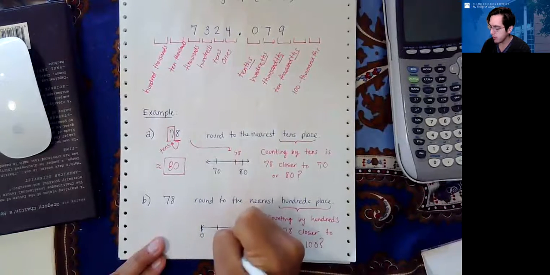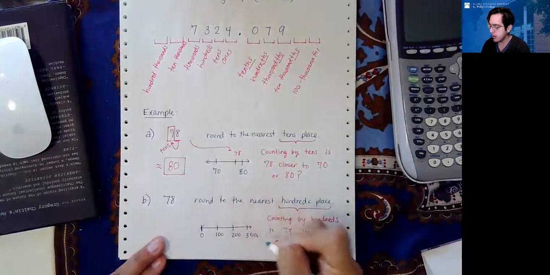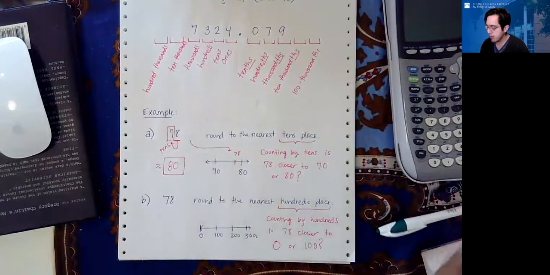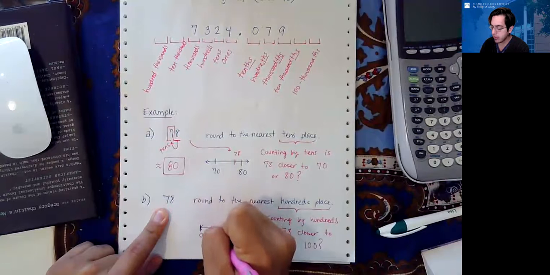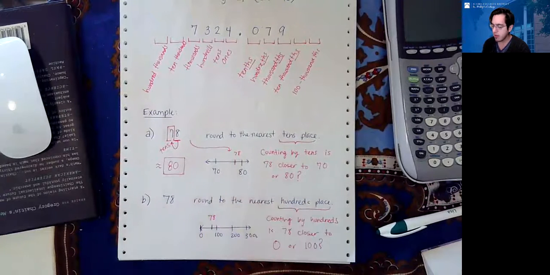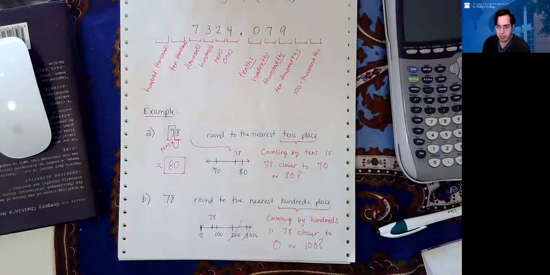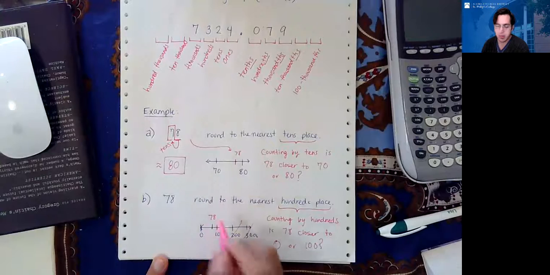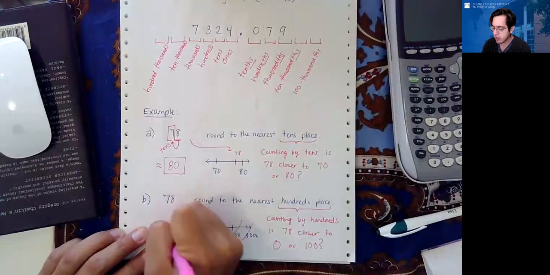You have 100, 200, 300, and so on. But 78 goes about right here. So we're not really concerned about the 200 or the 300. We're just looking at that space between 0 and 100. And then you're just asking yourself, is this closer to 0 or 100? And it clearly seems to be closer to 100. Okay. So then we could say that it just rounds to 100.